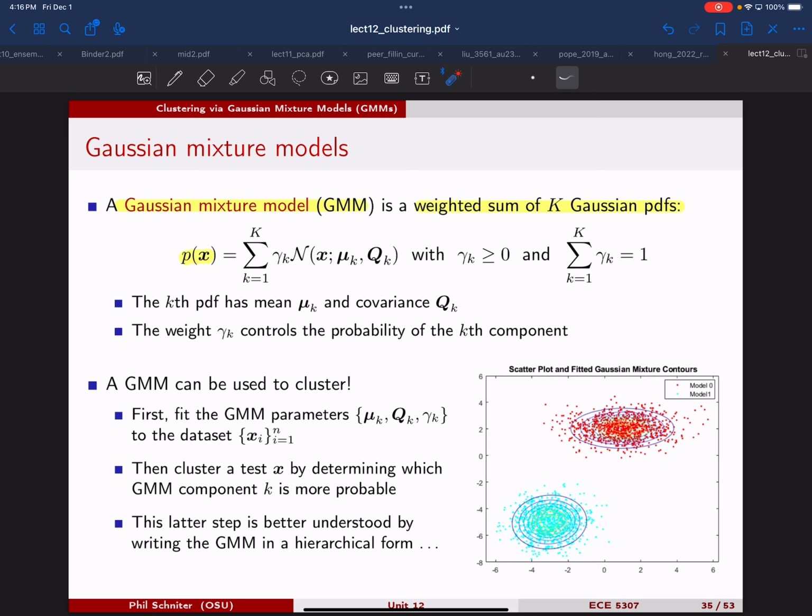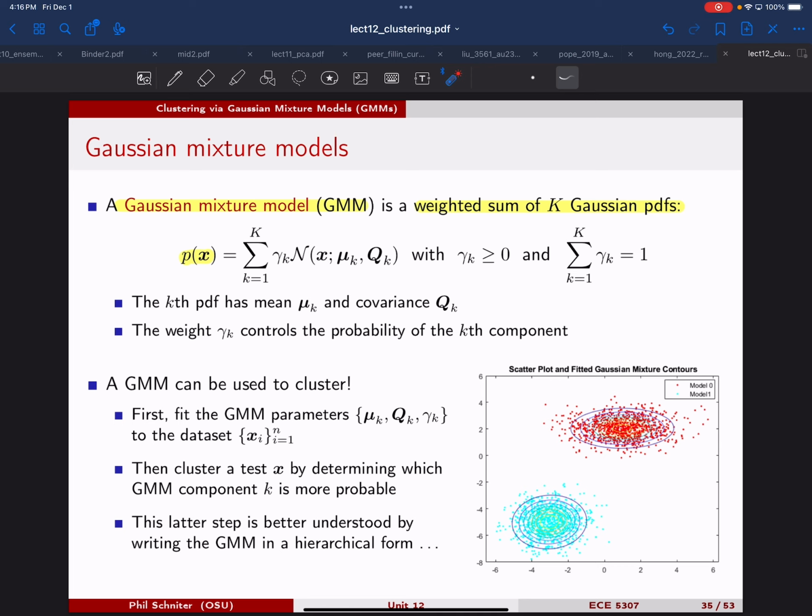Of course, looking at this picture over here, there would be a mean over here from the first Gaussian, and then it has a covariance matrix with those elliptical contours, and we have another mean over here, and this covariance matrix has different contours, different eigenvalues and eigenvectors.